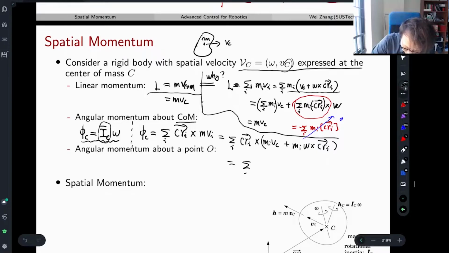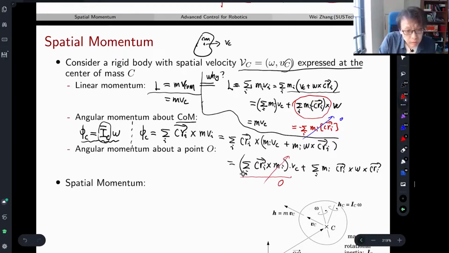Overall, I have the summation of CRi cross mi times the whole thing times VC, plus this part. So it becomes CRi cross omega cross CRi. By our previous discussion, this first guy will be zero, since AB equals negative BA.